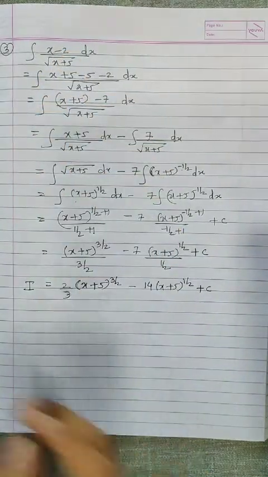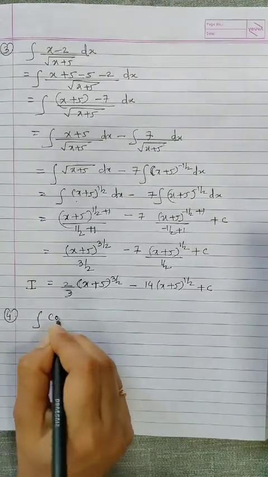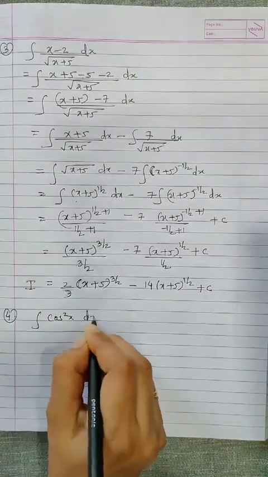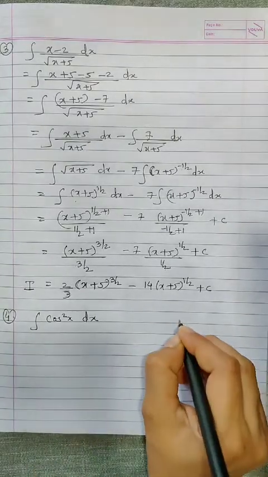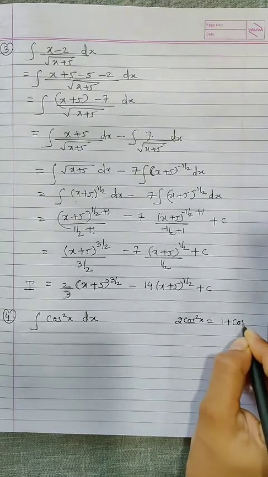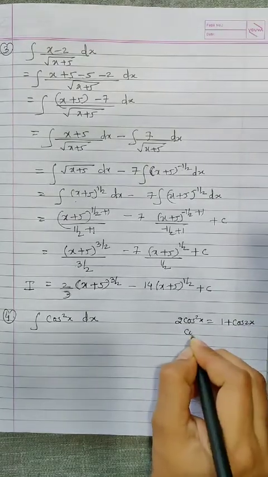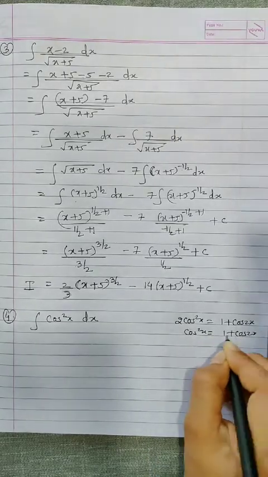Okay. So next example is integration of cos square x dx. Now we don't have a formula for cos square x. We know that 2 cos square x is 1 plus cos 2x. So the value of cos square x will be (1 plus cos 2x) by 2.